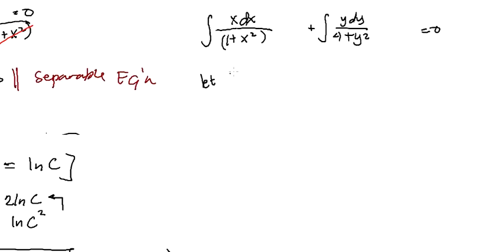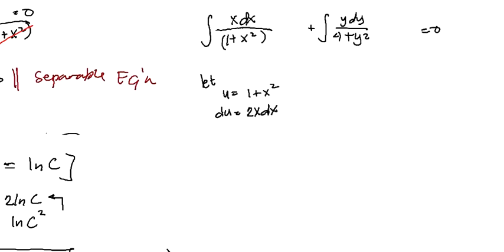So we need to let some variable, say for this part, let variable u is equal to 1 plus x squared. Then let's take the derivative of u, which is du, and the derivative of 1 is just 0, plus the derivative of x squared is 2x dx.